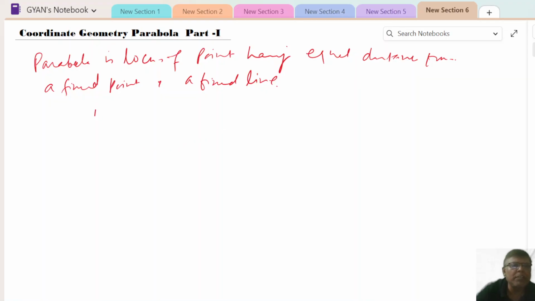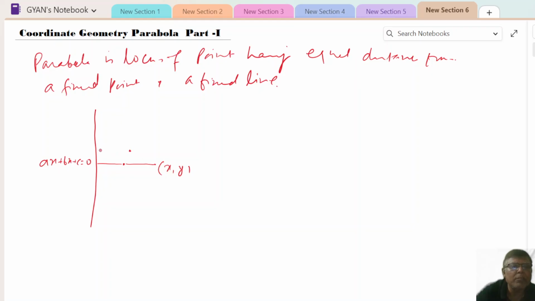So suppose this is the line and this is the fixed point. The fixed point is (x1, y1) and this line is ax plus by plus c is equal to 0, a general line. The point will be here, so this distance and this distance will be equal.